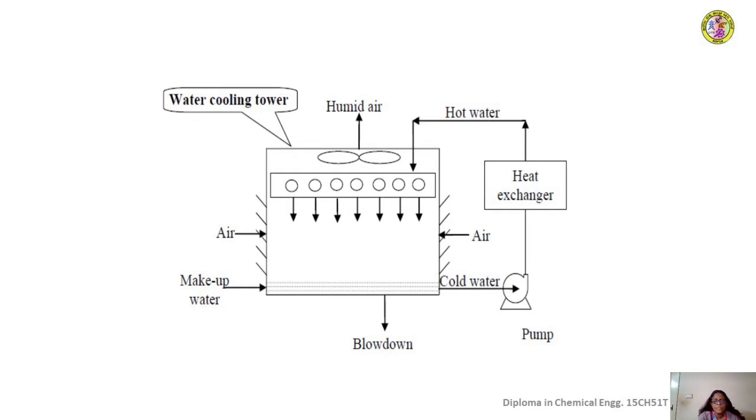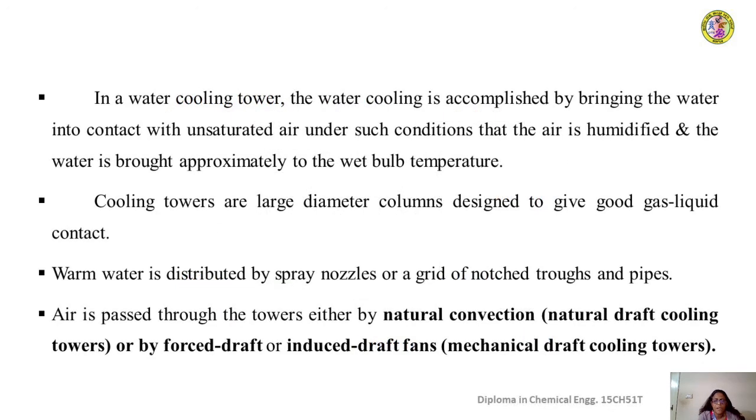The cold water is then collected in a reservoir at the bottom. This water, along with the makeup water, can be pumped back to the heat exchange equipment. So that is how a cooling tower generally works. This is the explanation of cooling tower operation in general.